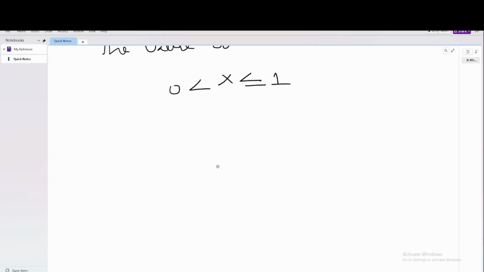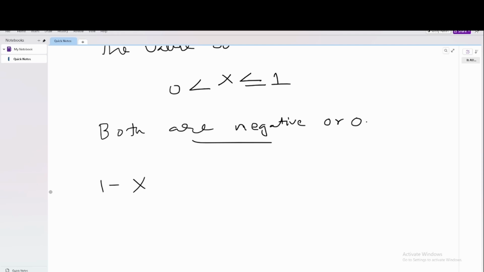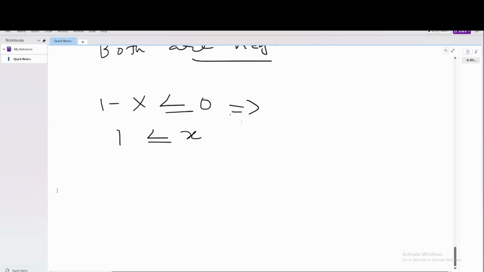By the second condition, both are negative or 0. By this, 1 minus x is less than or equal to 0, and from that x will be greater than or equal to 1.